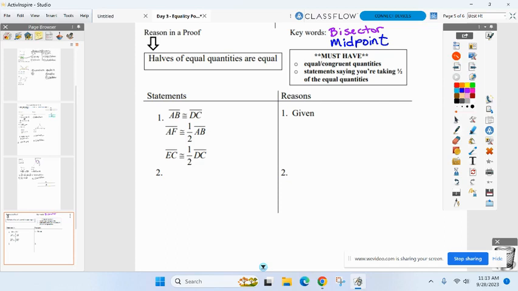So now what should I know about AF? I gave this group, and EC I gave this group. They should be congruent. Correct. So AF has to be now congruent to EC, not by addition, not by subtraction, not by substitution, but by our new theorem, which says halves of equal quantities are equal.